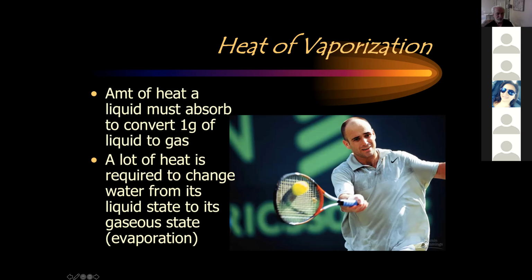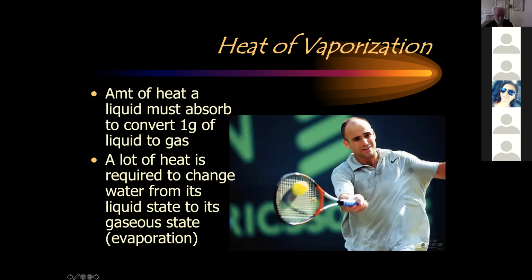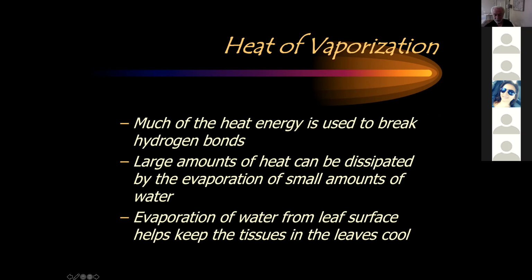So when you sweat, you lose a lot of heat because a lot of heat is required to change water from its liquid state to its gaseous state, evaporation. Okay, this essentially is saying the same thing. And this is important for plants because evaporation of water from the leaf surface helps keep leaves cool.